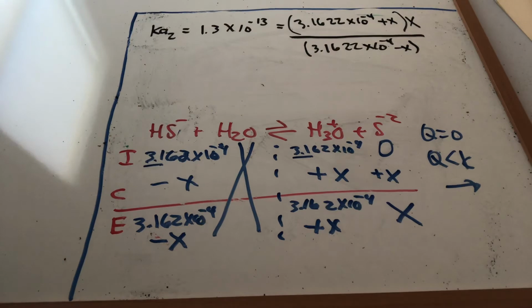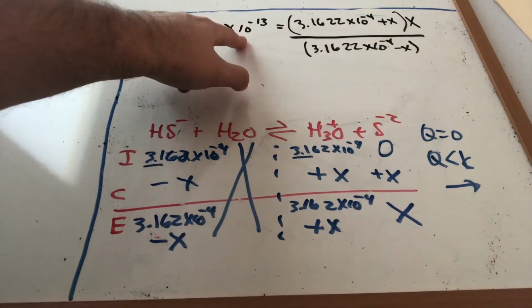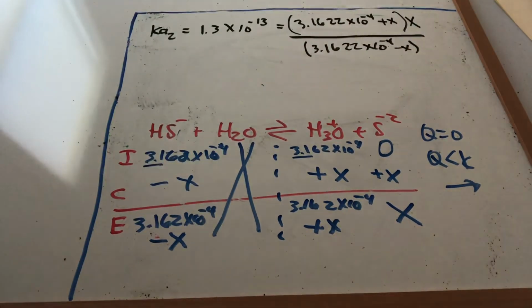Right. This is actually a really nice example. It's an easier example because this is so small, we can use the 5% rule again. Oftentimes for this second ice table, it doesn't always work out that you can use the 5% rule again, but for this one, it'll work. And notice what happens when you use the 5% rule and why this becomes so easy.